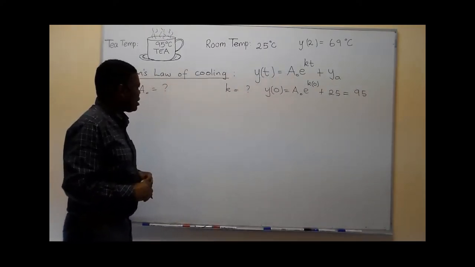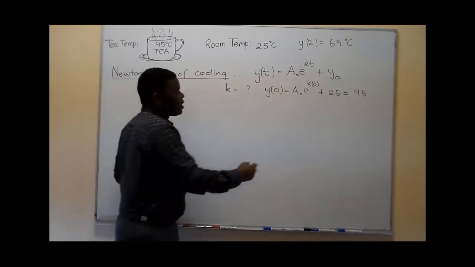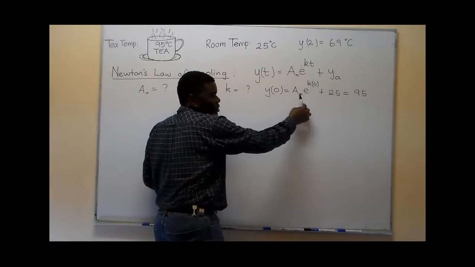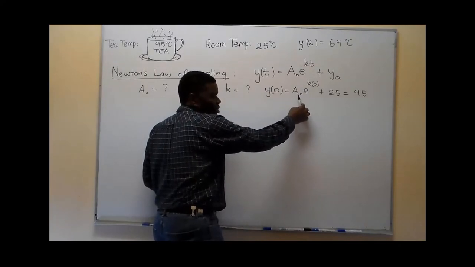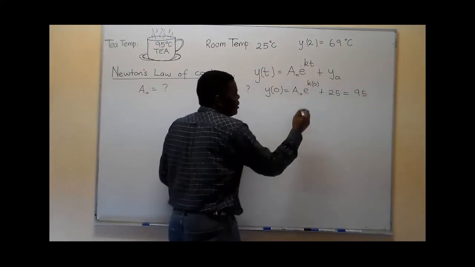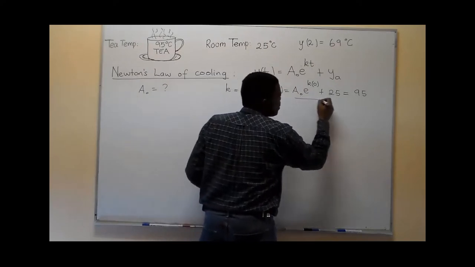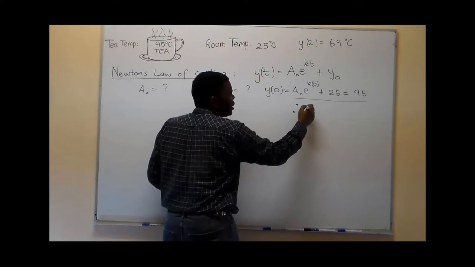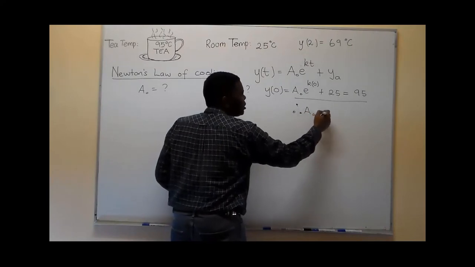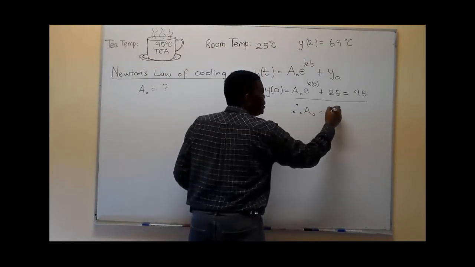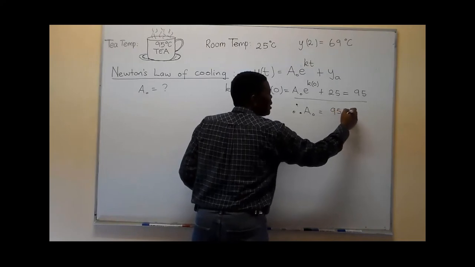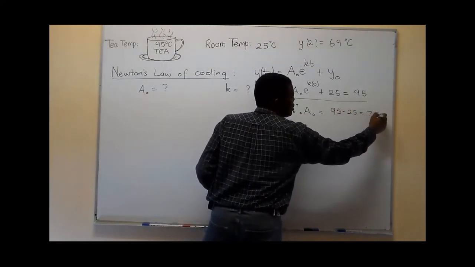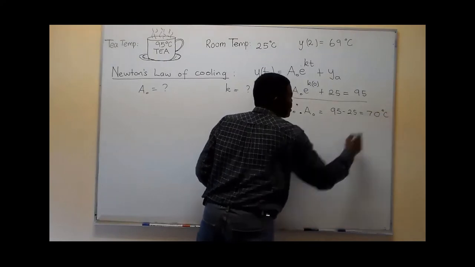Now, simplifying that, you notice that e to the power 0 is 1, times a0 is a0. Therefore, from this equation, we get that a0 is equal to 95 minus 25, which is equal to 70 degrees Celsius.